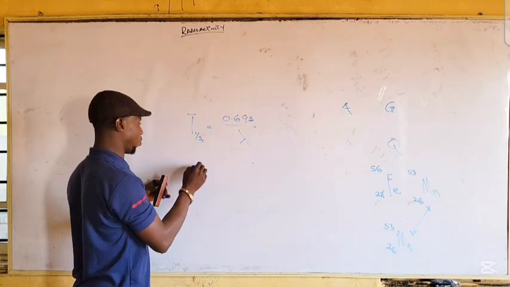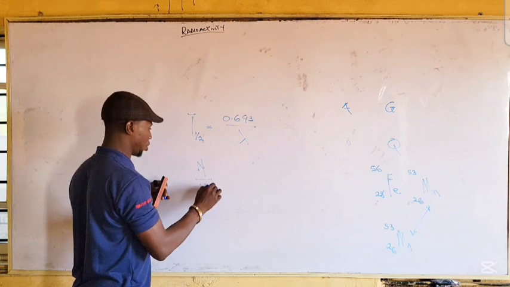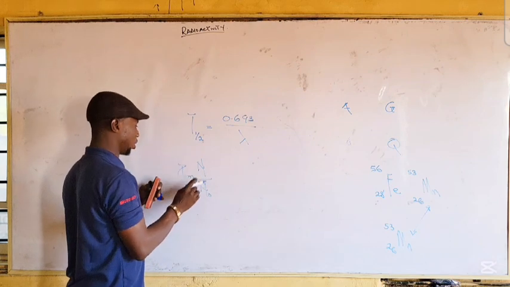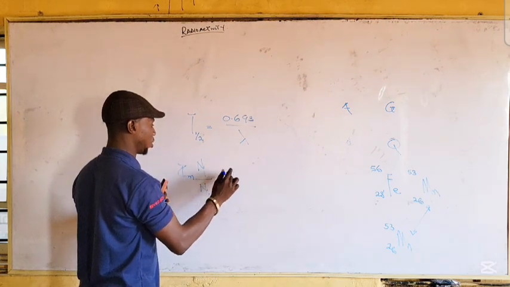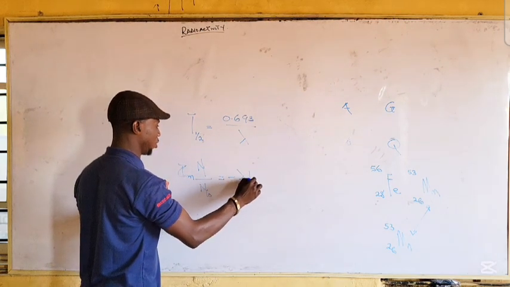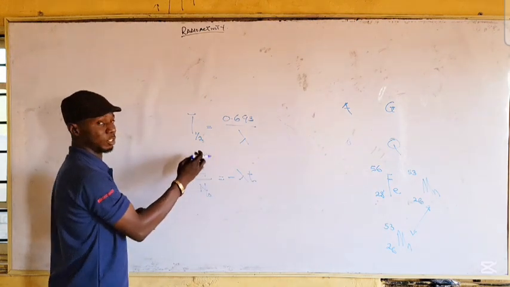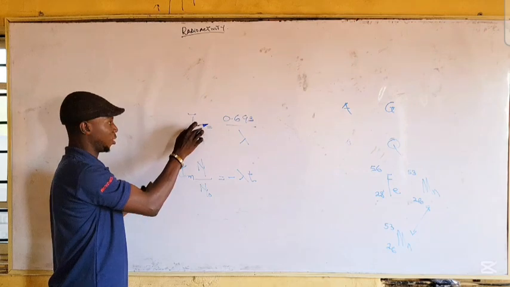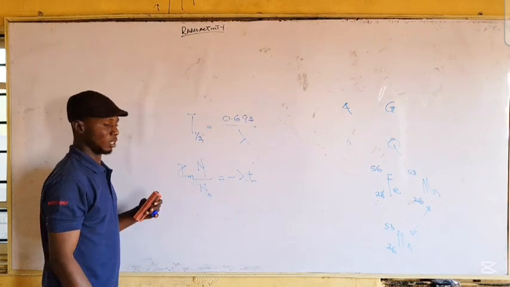Now, the other formula, we have ln of N over N naught to be equal to minus lambda t. Now, this t is different from the previous t. The previous t is half-life, while t here is the time taken. It is not half-life.